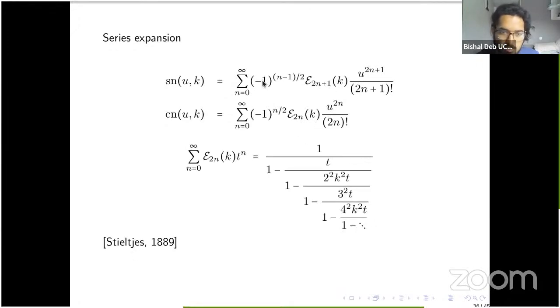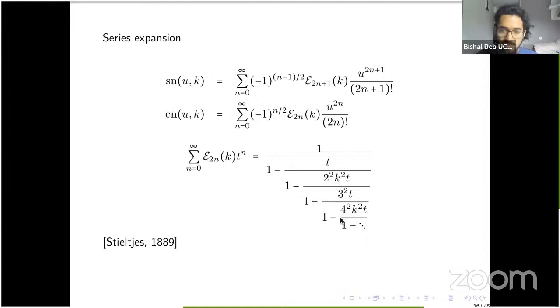And I will only give you a continued fraction for the E_{2n}'s, that is for the cn, the cosine amplitude Jacobian elliptic function. If you look at these polynomials, which are the coefficients, Stieltjes had discovered in 1889 that they have this S-fraction. So you have 1 squared, 2 squared k squared, 3 squared, 4 squared k squared.